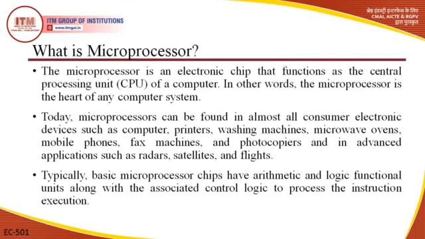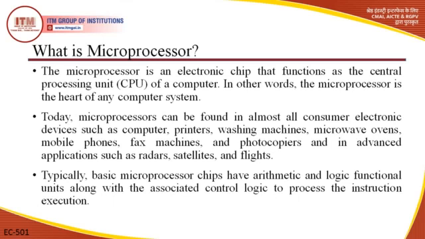So what is the microprocessor? So the microprocessor is an electronic chip that functions as the central processing unit of a computer. So in other words, microprocessor is the brain or heart of any computer system that's driving the entire system. So today microprocessors can be found in almost all consumer electronic devices.